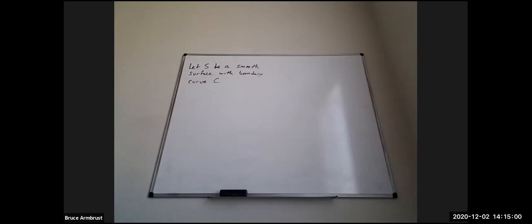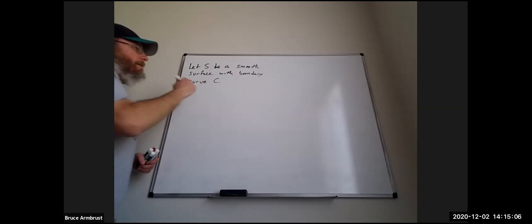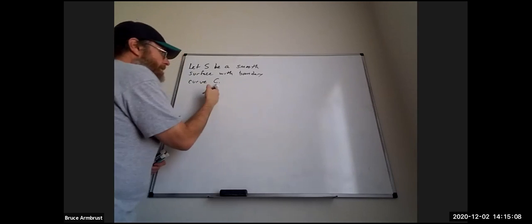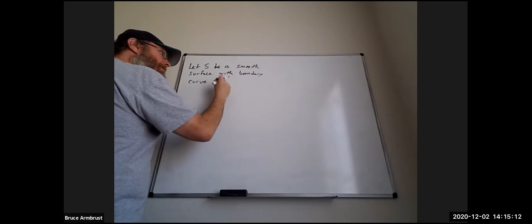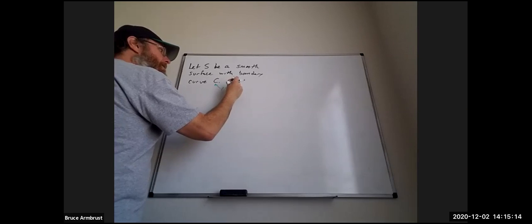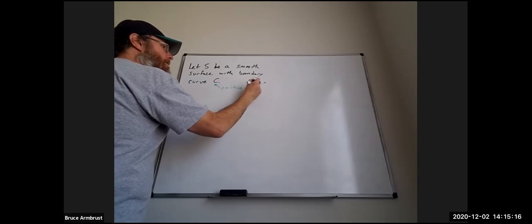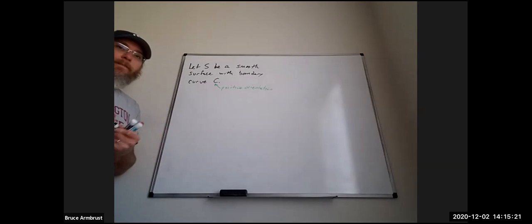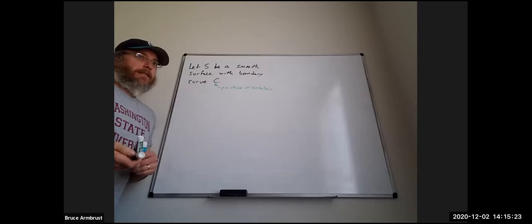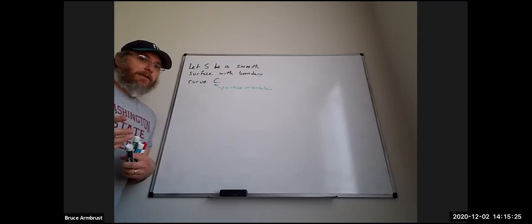All right, so we've got a boundary with our surface. And then the other thing we need is that this curve C is oriented positively. We'll talk a little bit about this, because positive orientation doesn't necessarily mean clockwise or counterclockwise.